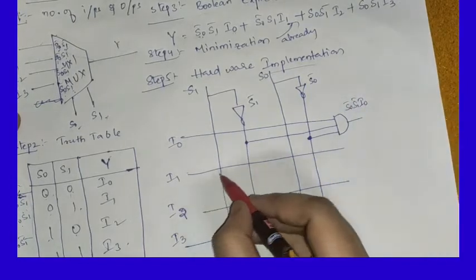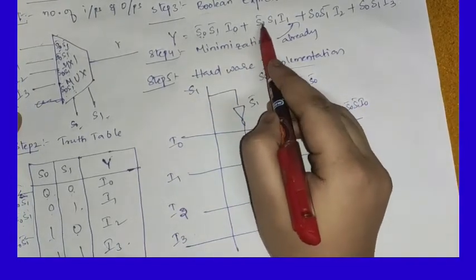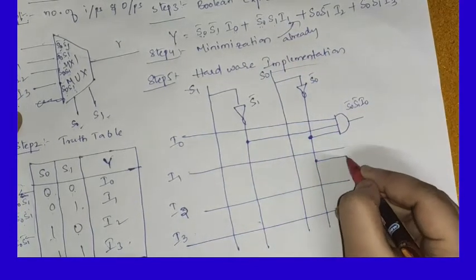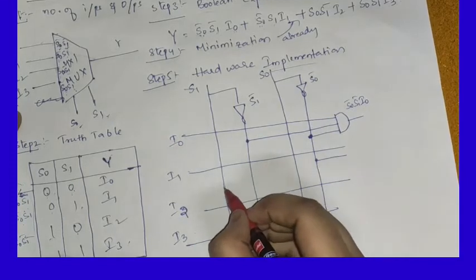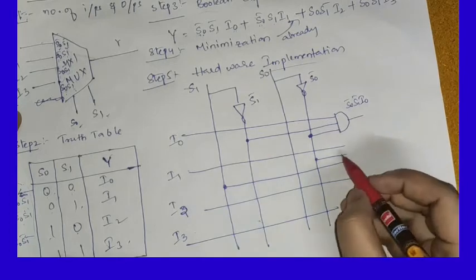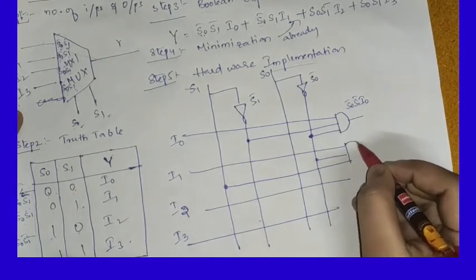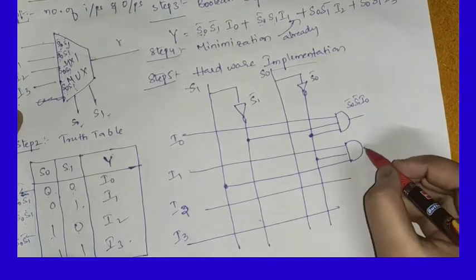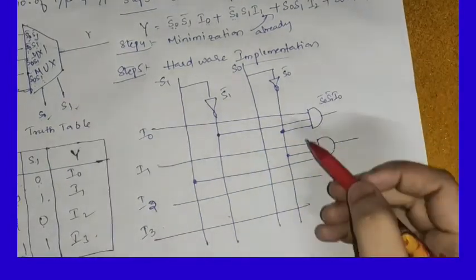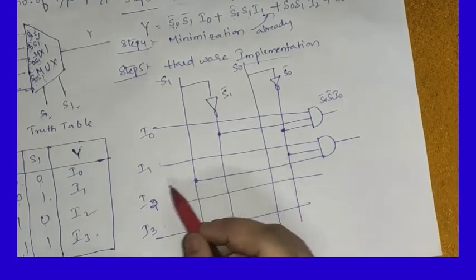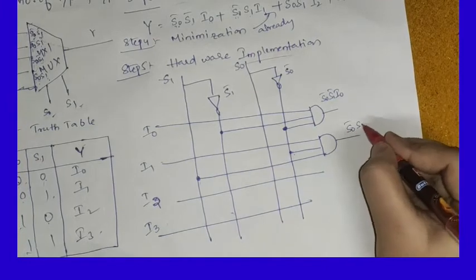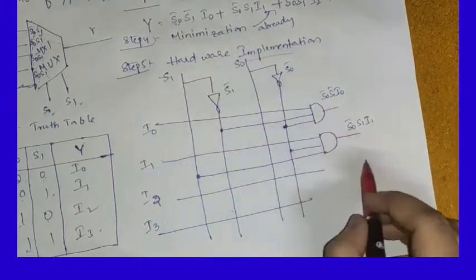The next expression is S0 bar S1 I1, so take S0 bar, S1 and I1. We got the second expression.